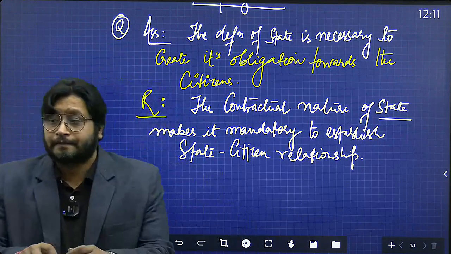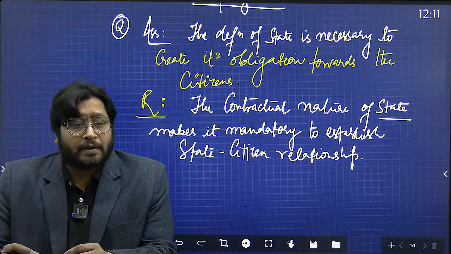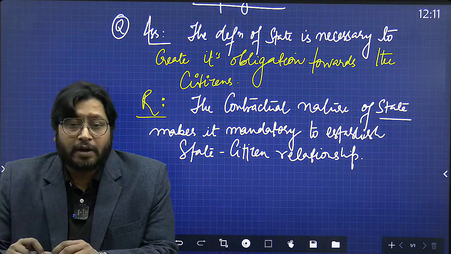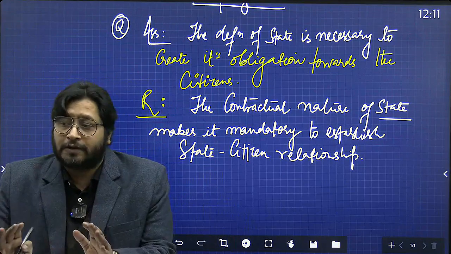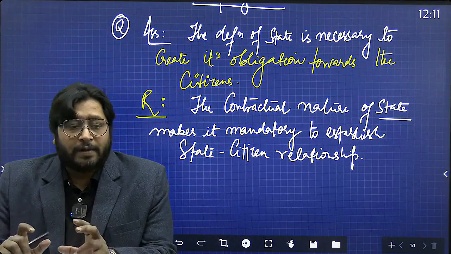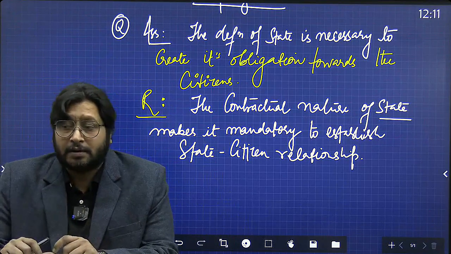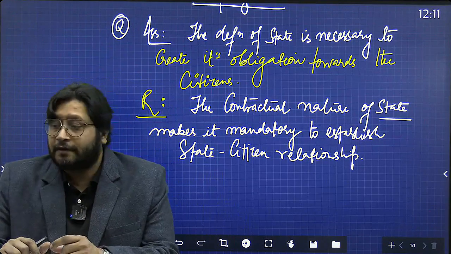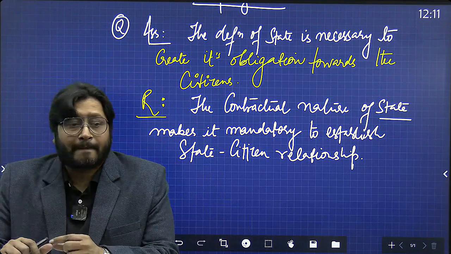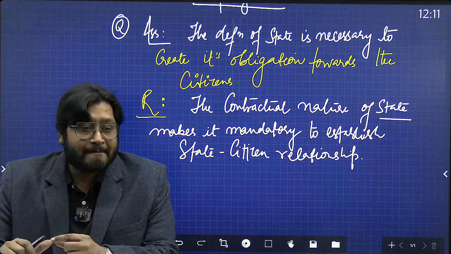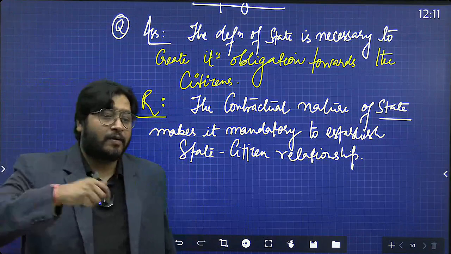Fine. This is also correct. Independently, both are correct. First, that should always be established: whether these statements are independently correct. Right. Now, is the second statement the reason for the first? Think. Have you thought about it?